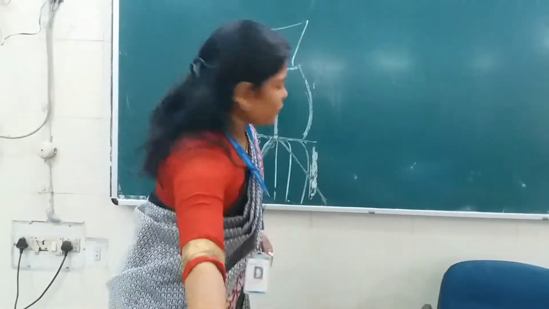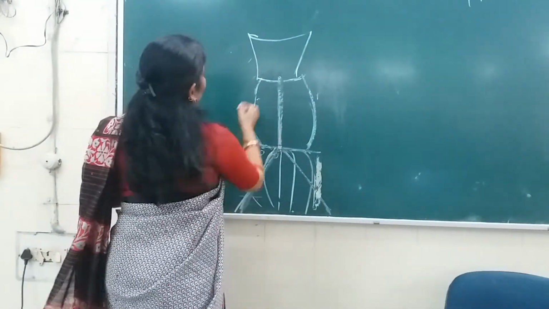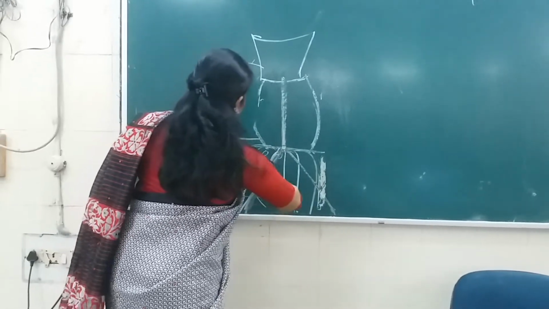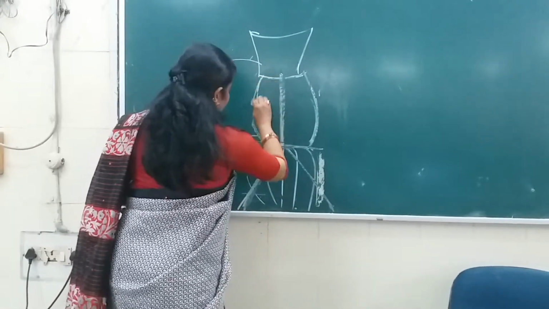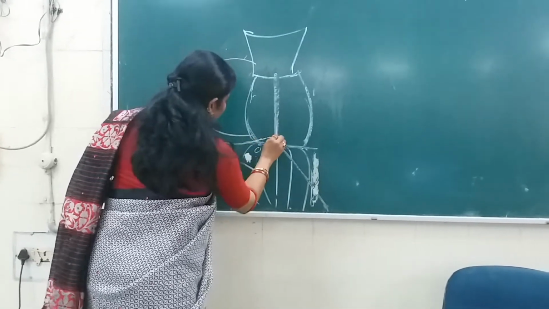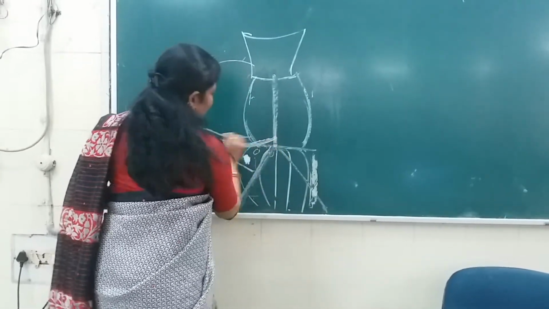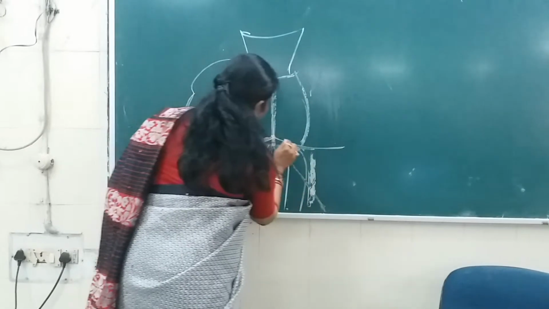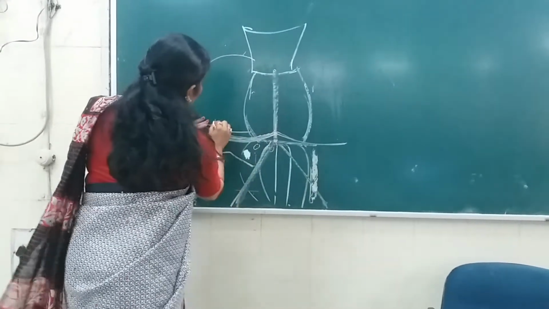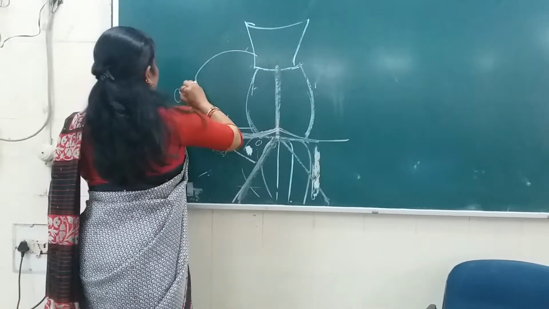So you should draw a diagram again of the cerebellum. You have to draw a diagram for the cerebellum here. The anterior-inferior cerebellar artery will arise from the lower border of the pons on both sides, which is known as AICA, and it will supply the cerebellum. This is the anterior aspect and this is the posterior aspect of the cerebellum.